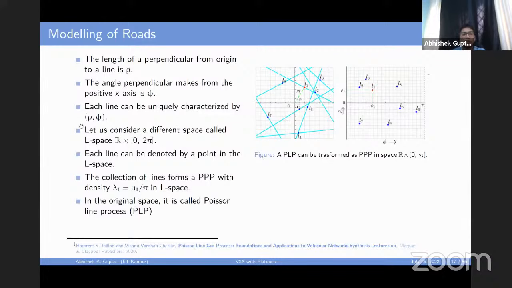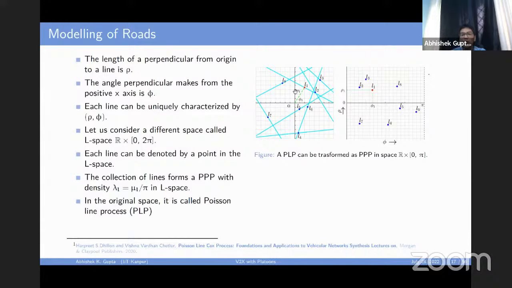So each line can be represented by a two-dimensional point rho, phi in a different space. We call this the L space, which is R comma 0 to 2 pi: the real line and 0 to 2 pi.